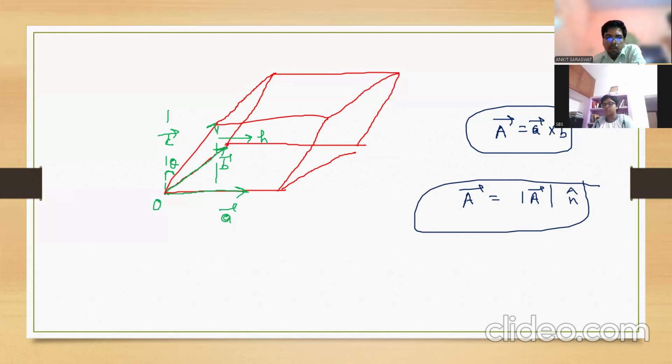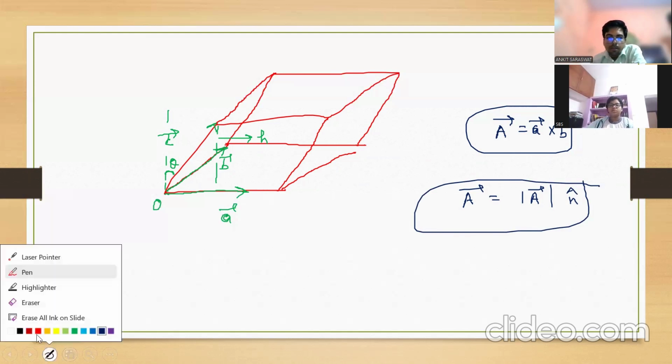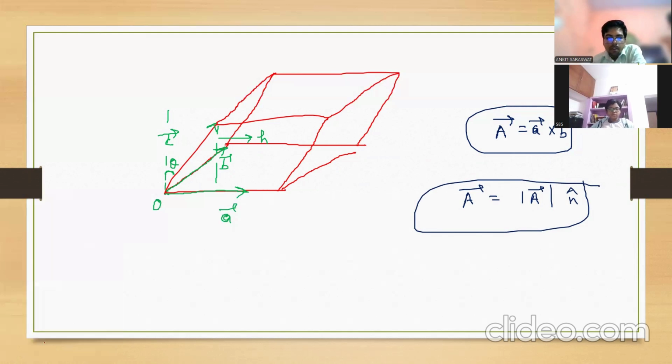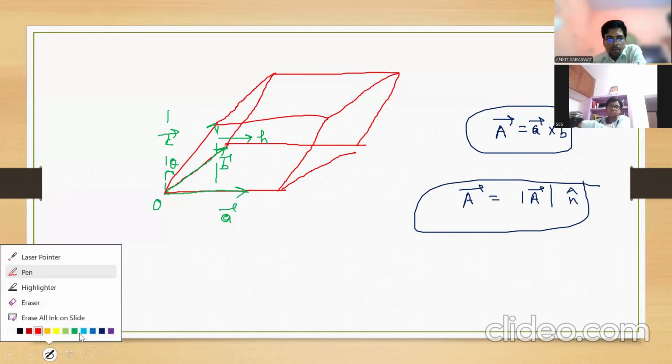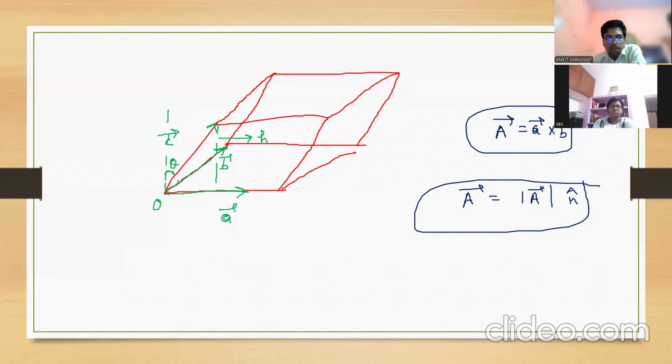Then how will you draw this A vector? Its direction will be like this. This is C vector. Remember, this is C vector. This is A vector.